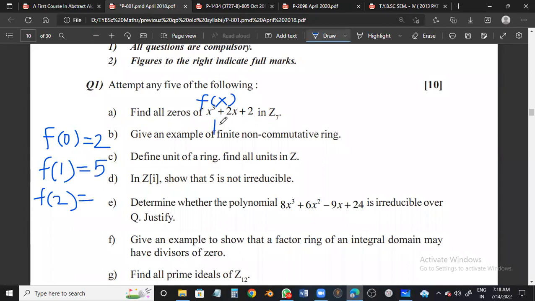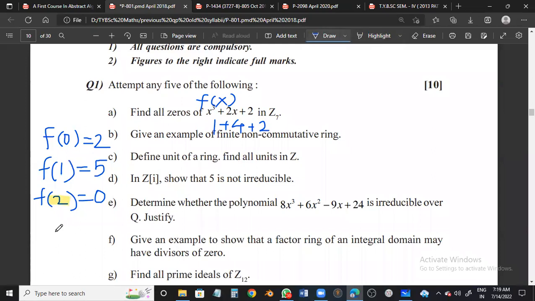I suppose you are getting plus 2 2s are 4, plus 2 is there. So how much you got? 7, and 7 means 0. What this means is that this 2 that I have calculated is a zero of this particular polynomial.